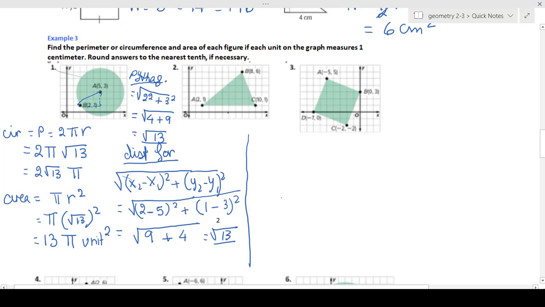Here I want to find the perimeter and I want to find the area. So simply the perimeter is the sum of the sides. Now I prefer to use the Pythagorean theorem because it is quicker than the distance formula. So here I want to find this side.